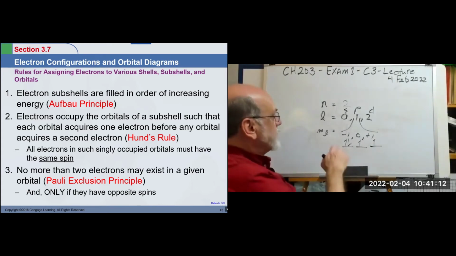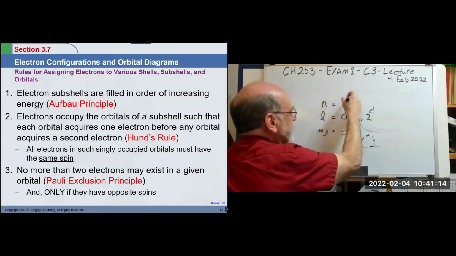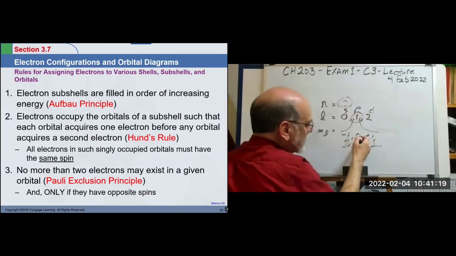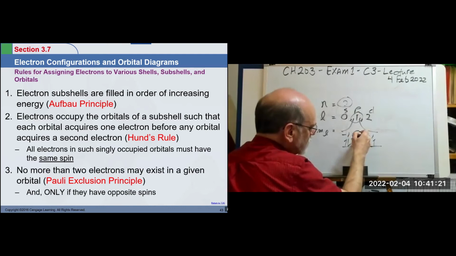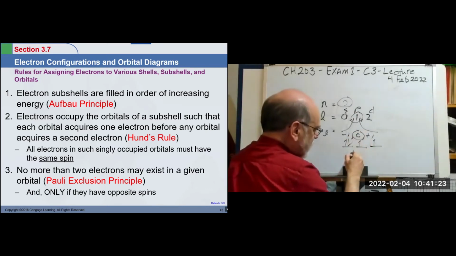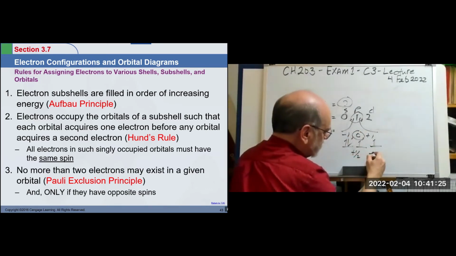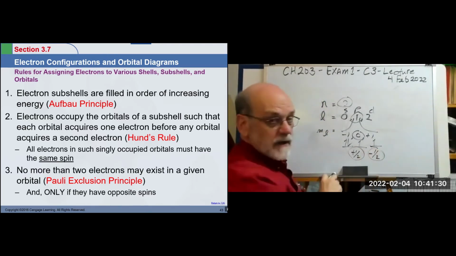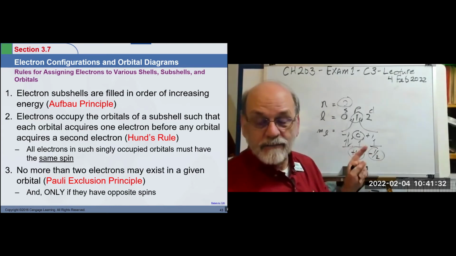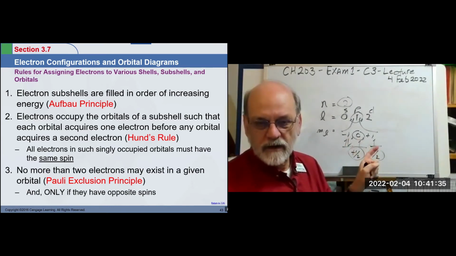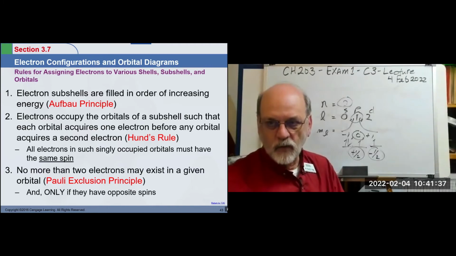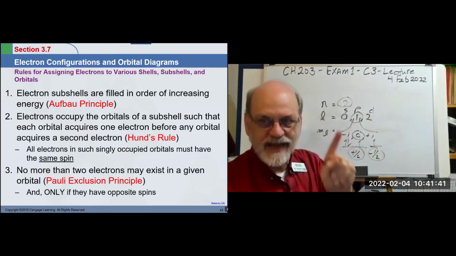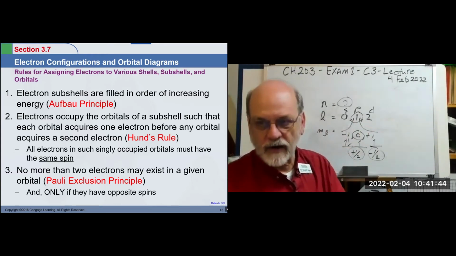In other words, if this electron has N equal 2, L equal 1, M sub L equals 0, then it can either have this one or that one. But it cannot have the same set of 4 quantum numbers. They're exclusive. One electron has its own set of numbers, and no other electron can have that same set of numbers. That's the Pauli exclusion principle.